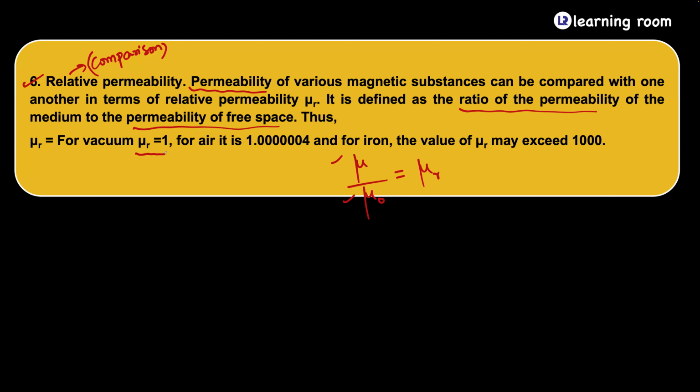Whereas the relative permeability for iron is greater than 1000, in the sense that it allows the magnetic field to penetrate through it 1000 times more compared to vacuum. Is that point clear? So this is another important parameter for us to understand how good a magnetic substance is, right?